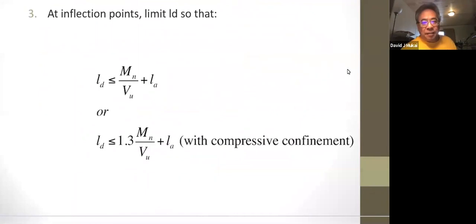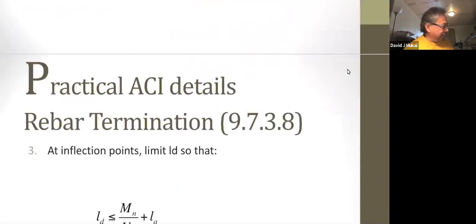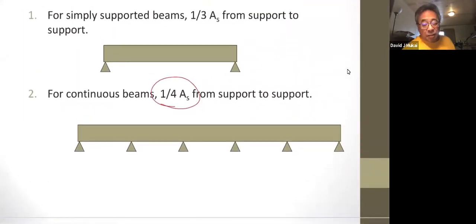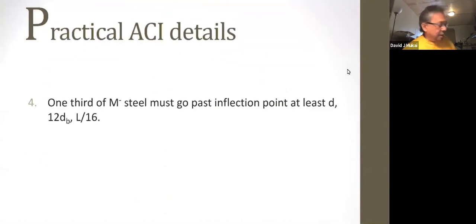this is the real thing you got to do. I'll save this for last because it has a calculation. And this is, so there's only 3 things you got to check. Does 1/4 of the bars, do 1/4 of the bars go from support to support? Does at least 1/3 of the steel go all the way to the negative? Basically, don't cut more than 2/3.